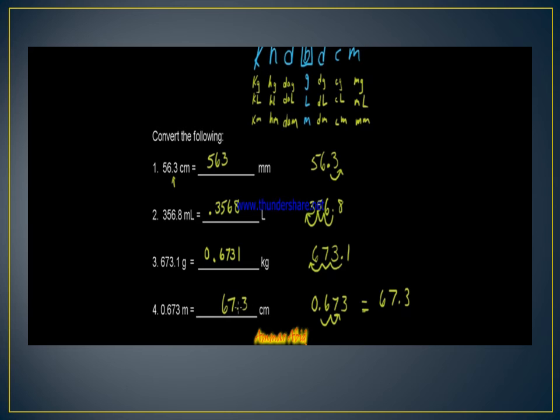One last thing I'll mention here, if we had another problem, let's make it problem number 5, and let's say it said 47 meters equals blank number of centimeters. Sometimes students are confused about where the decimal is with a whole number.